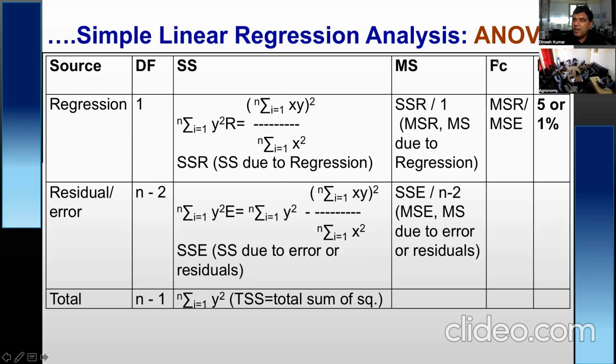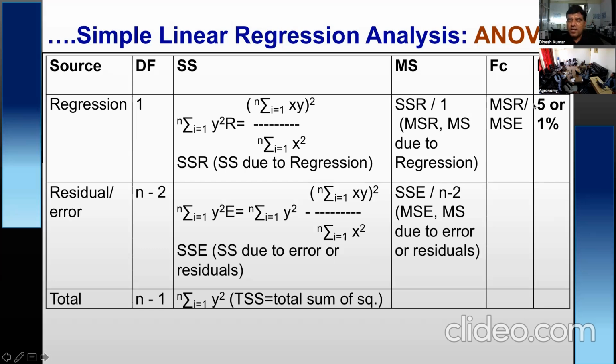Now we will get the value of F, and then we will get the table value of F. Table value can be seen in the table. You must have seen the T table, chi-square table, or Z table; similarly, you must have seen the F table. In the F table, there are two directions, one horizontal and other vertical. So for the F test, we have two degrees of freedom.